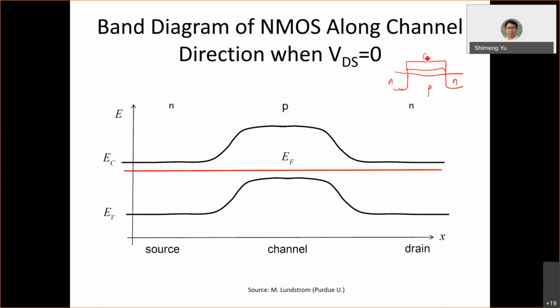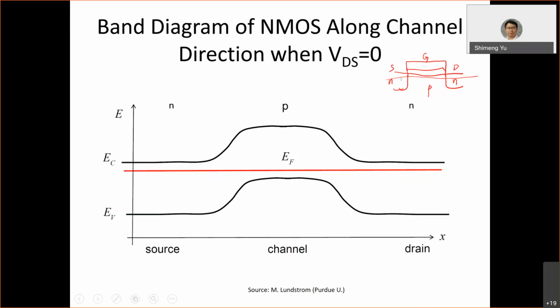Then you have your gate here, source and drain. If you cut along the channel direction like this, actually you have two PN junctions back to back. If you draw the energy band diagram along this channel, you will see something like this. And at equilibrium state, when the voltage VDS between the drain and source is zero, that means equilibrium state, you will have a single Fermi level here, EF.